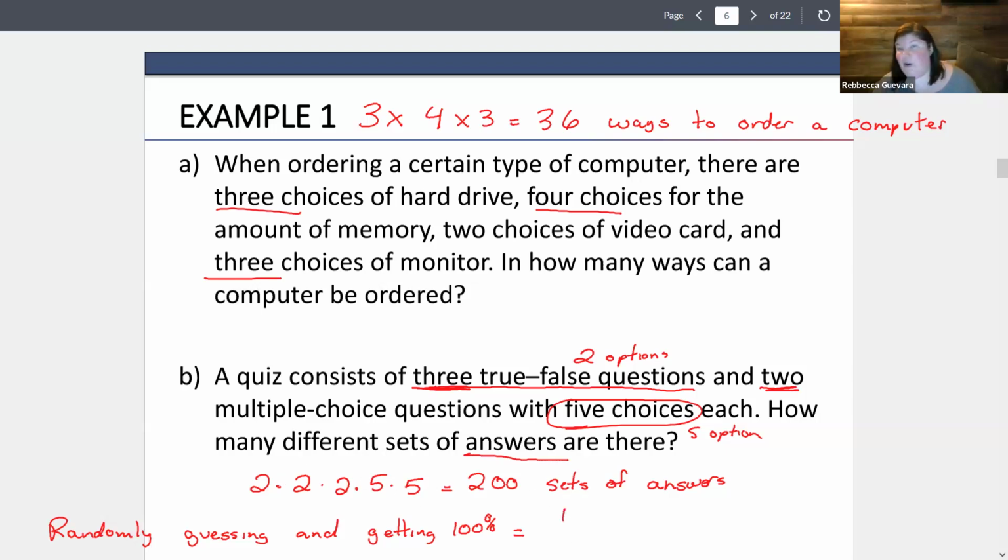There's only one way to get all my questions correct out of 200. So the probability of randomly guessing and getting 100% correct is 1 out of 200 or 0.005. That's part of the reason that you design things the way you do. The chance that you get all those correct is not really high.